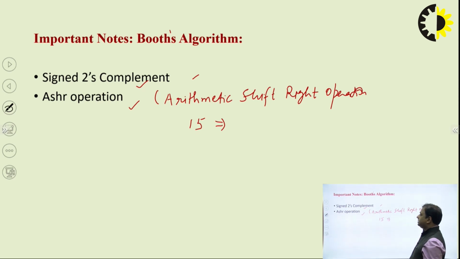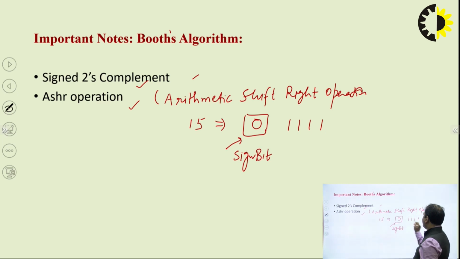First, convert it into a binary number, simple as we do, that is 1 1 1 1, and put a sign bit separately. This is my sign bit. Now, this is the sign representation of plus 15.